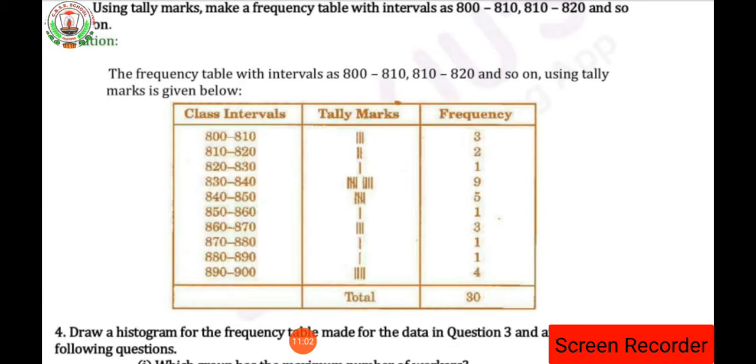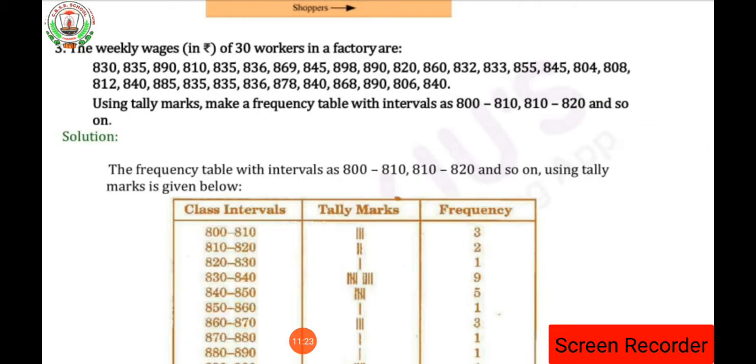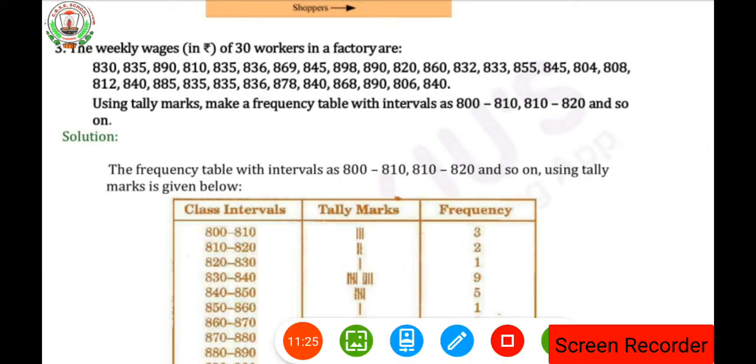So dear student, 820 will come in the third class interval. Now from the third interval 820 to 830, how many numbers are there? And how will you get this frequency or the tally marks? You have to count these numbers from the raw data.